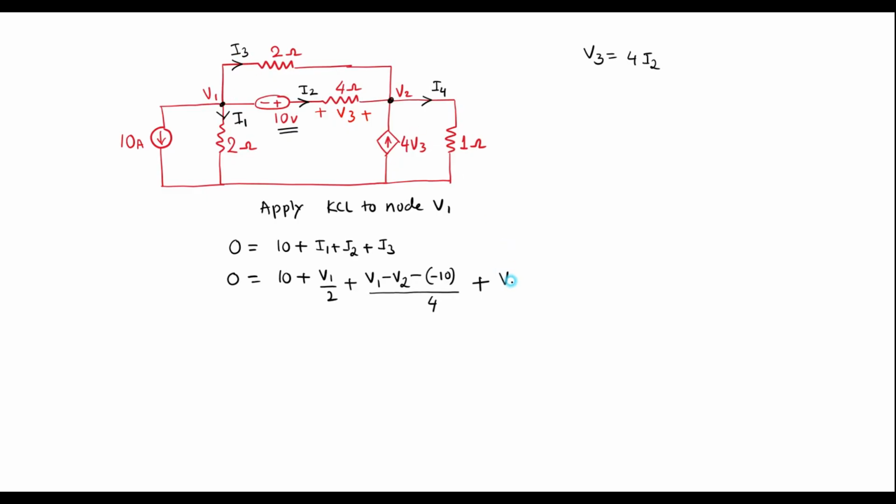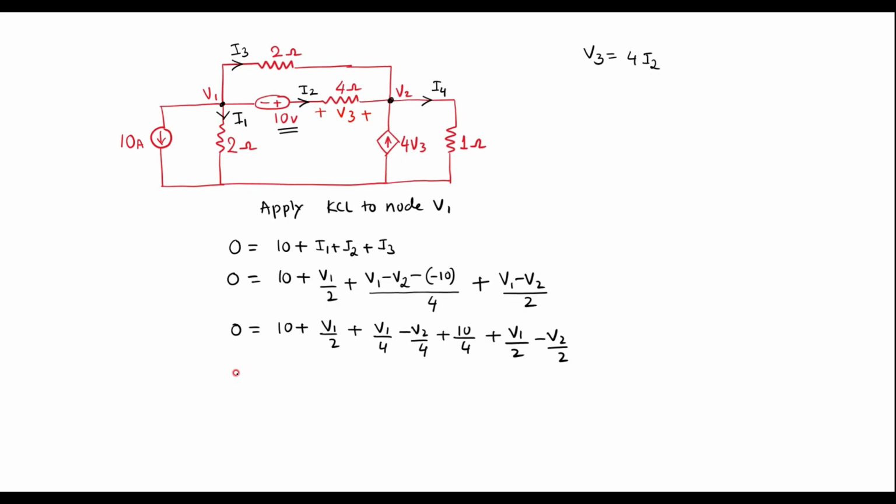It can be represented as V1 minus V2 divided by 2. Let me simplify, that is 0 equal to 10 plus V1 by 2 plus V1 by 4 minus V2 by 4 plus 10 by 4 plus V1 by 2 minus V2 by 2.